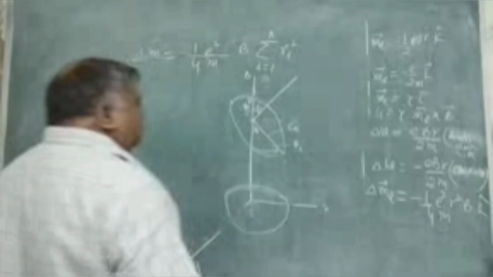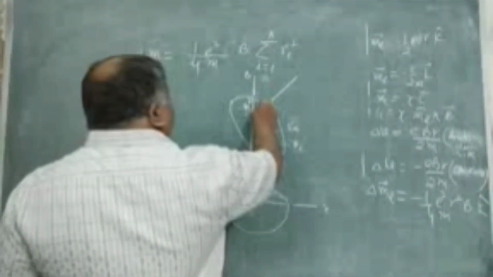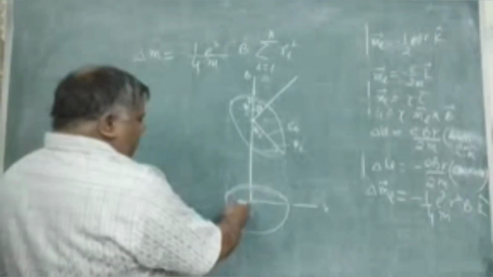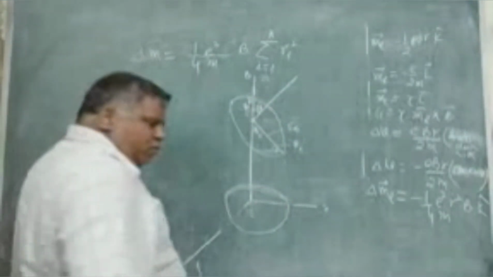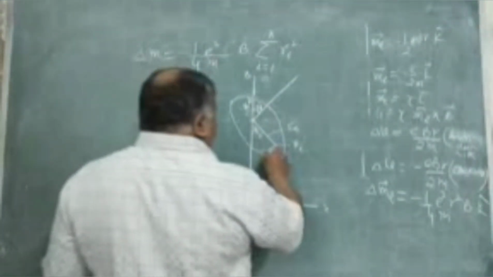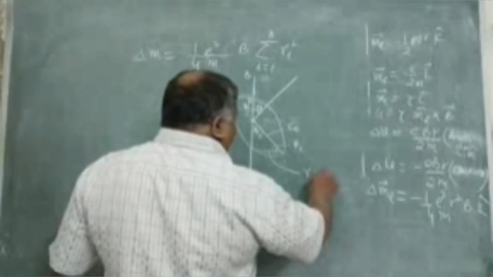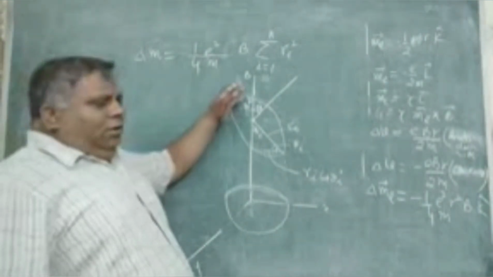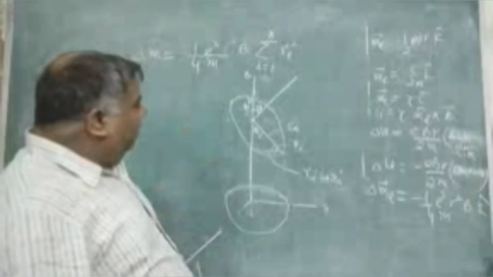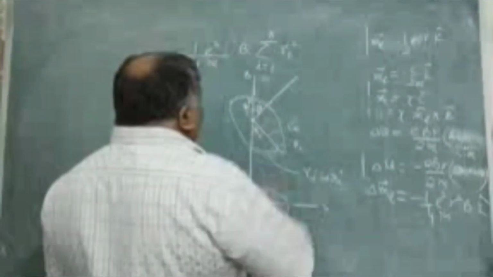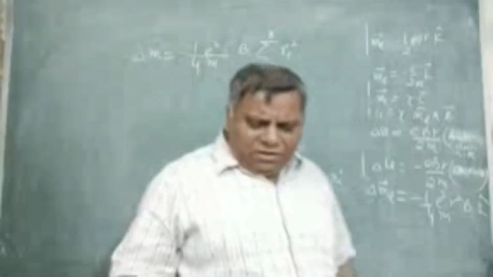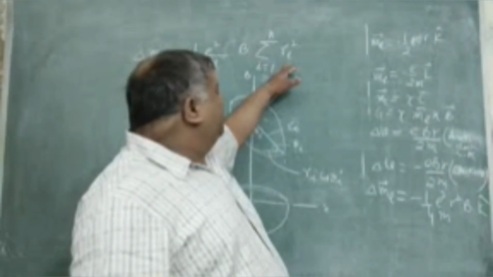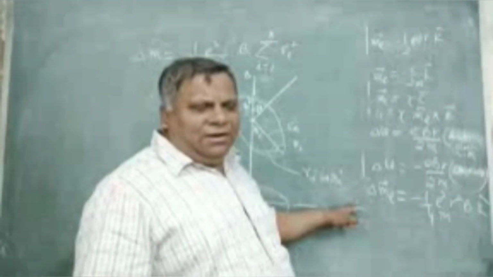For the ith orbit it is theta i. So the radius of this projected circle is Ri cos theta. So in the general situation, we must replace this Ri by Ri cos theta i.